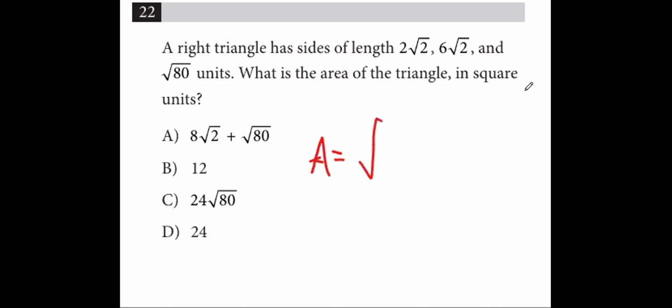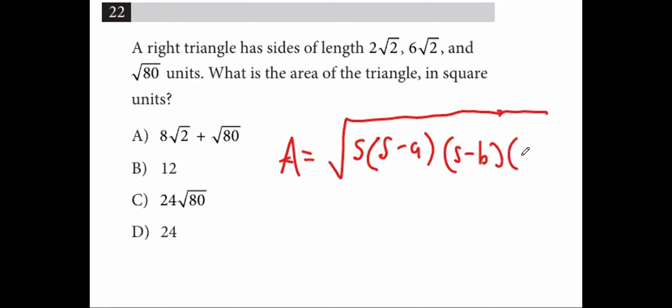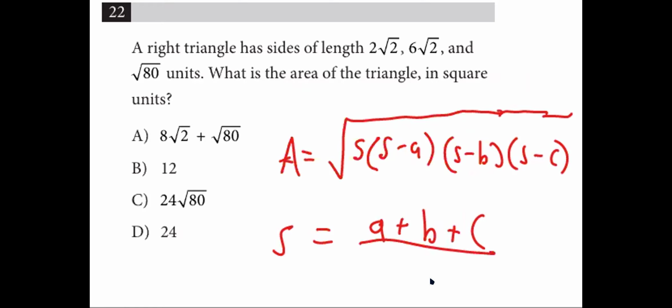So this would just be the square root of s times s minus a times s minus b times s minus c, where s is equal to a plus b plus c all over 2. So this is how I solved it.